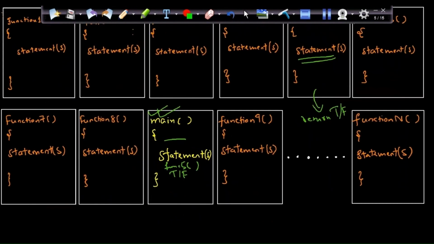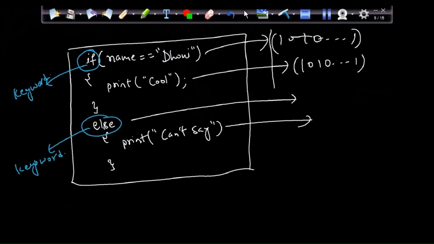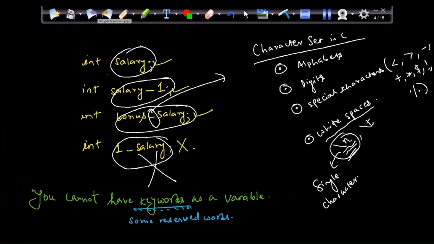One thing more I want to cover before we end this video is about the character set. Like I told you, whatever word you are making up in the C programming language must be from the combination of characters that are in the character set of C programming language.